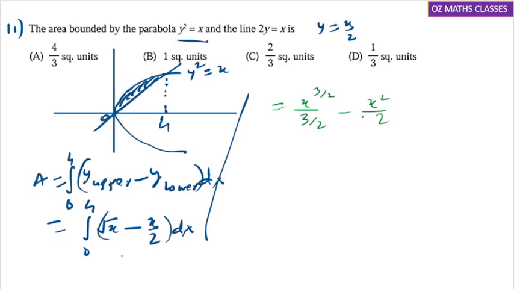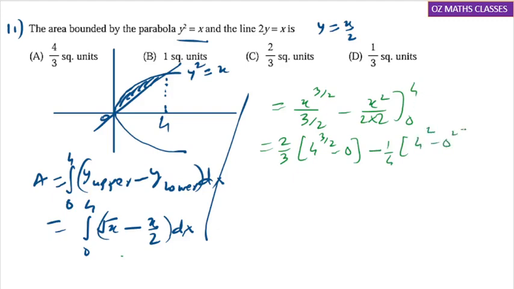So 2 into 2, 4, and limits 0 to 4. So take the limit values separately: 4 power 3 by 2 minus 0 power 3 by 2. And here keep the 1 by 4 outside and replace x by the upper limit: 4 square minus 0 square. So what will you get?